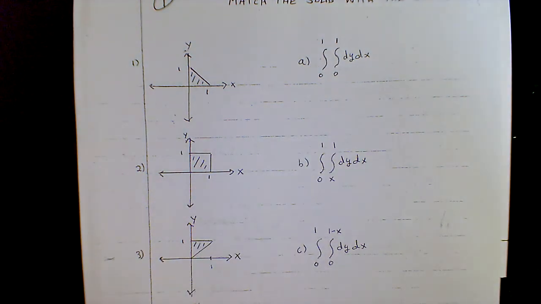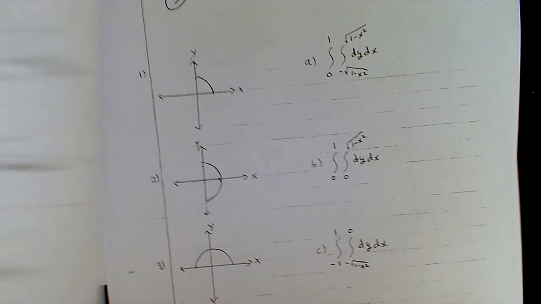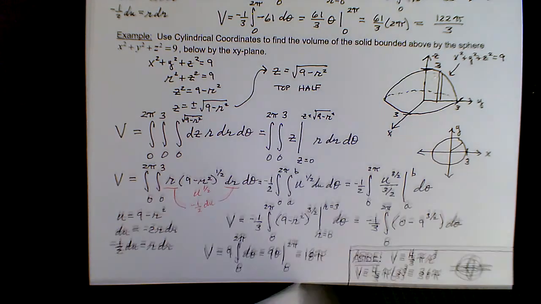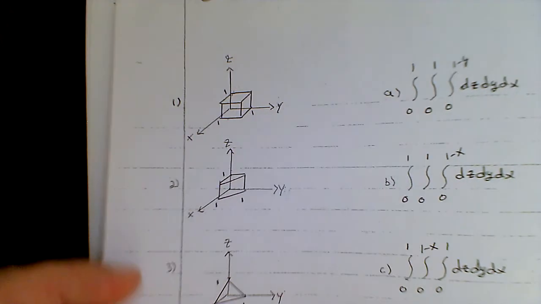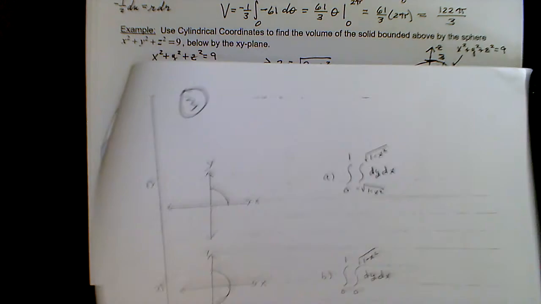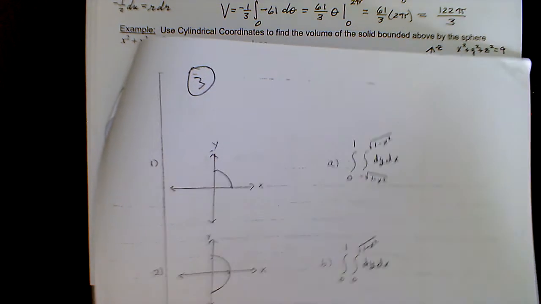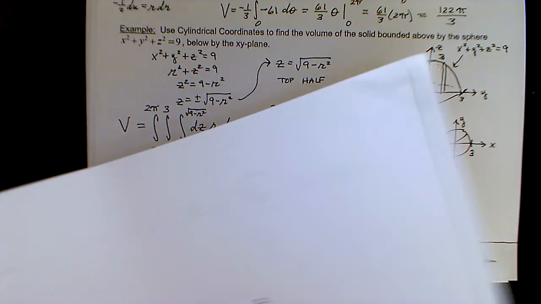So this has 6 pages, all different sketches. So the first one 2-dimensional, second one 3-dimensional, rectangular, third page some 3-dimensional with circle stuff, or 2-dimensional with circle stuff, and so on.